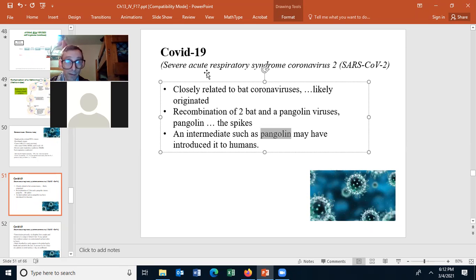And so we do know that COVID-19 is a recombination of three coronaviruses. We don't know when that recombination occurred, but it likely occurred fairly recently, at least in evolutionary terms. So let's say within the last 20 years. And probably it was surviving in some animal, and only recently has infected humans.